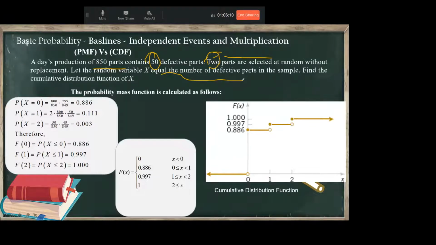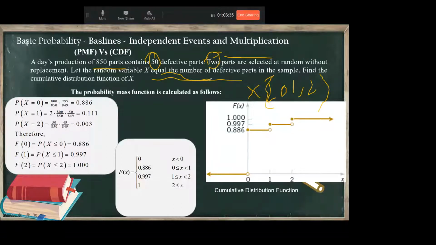Let me explain. We know X is the number of defective parts, so X can possibly be 0, 1, 2. Why did I say X is 0, 1, 2? Because here it says X is equal to the number of defective parts in the sample.